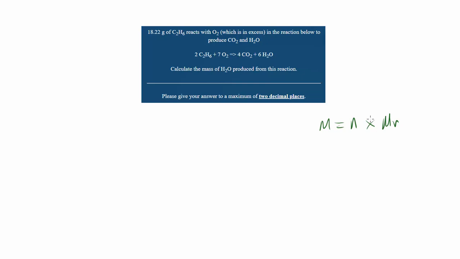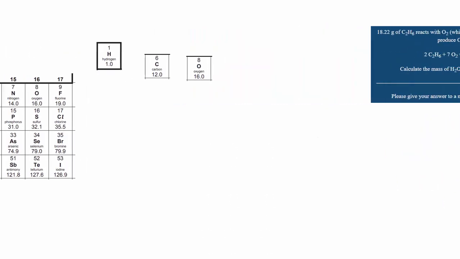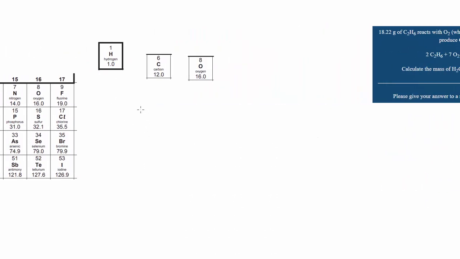Taking this same equation and rearranging it by dividing both sides by the molar mass, we can see that the moles is equal to the mass divided by the molar mass. Now, we can work out the molar mass of C₂H₆ using the periodic table. So what is the MR of C₂H₆?